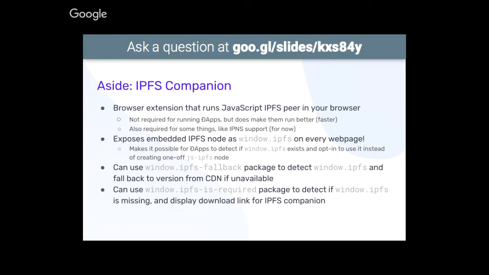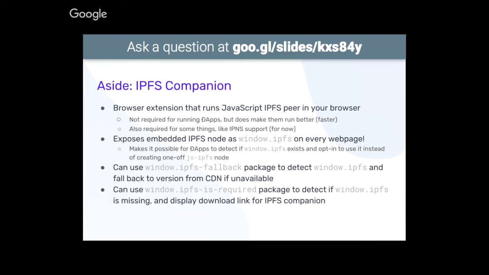So that is actually the IPFS companion browser extension, and it's showing that my local peer is connected to 790 peers. So the IPFS companion is a browser extension that makes access to IPFS resources in your browser a little bit easier by basically running an IPFS peer in your browser, or accessing your local IPFS peer from your browser.